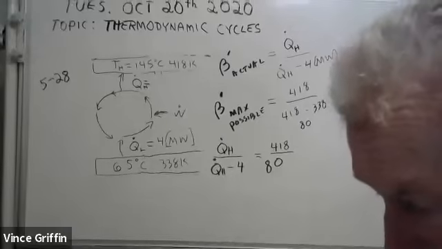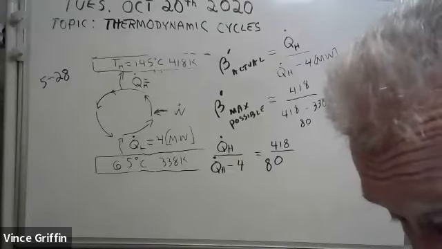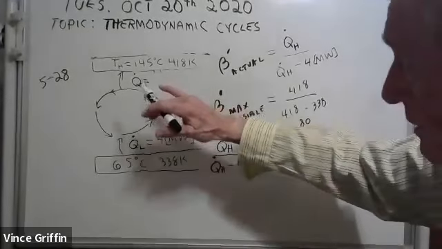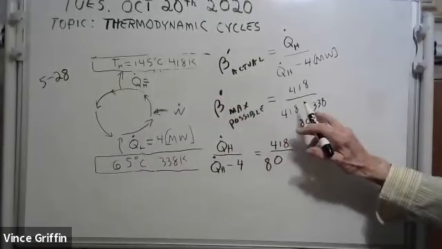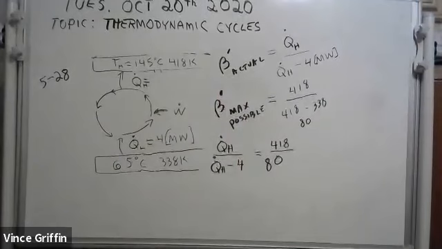Hey, Mr. Griffin, I'm sorry, I have a question. Where do you get the 80? He's asking where did you get the 80? Oh, okay. Thank you for asking. Well, if you subtract 338 from 418, I think it's 80, isn't it? Did I do that right?